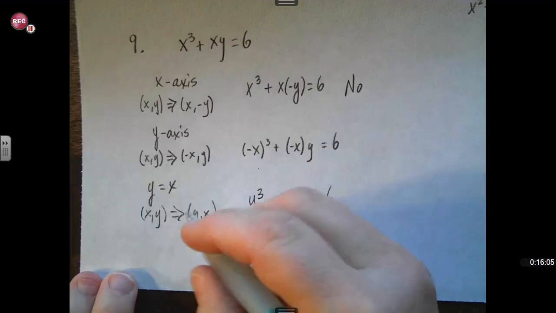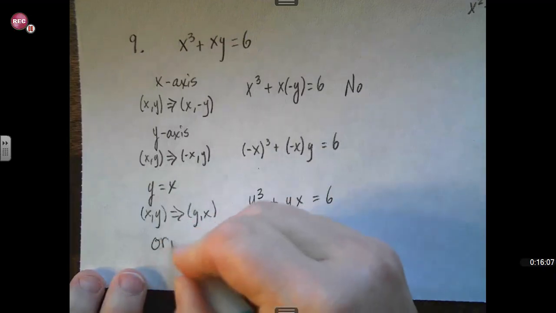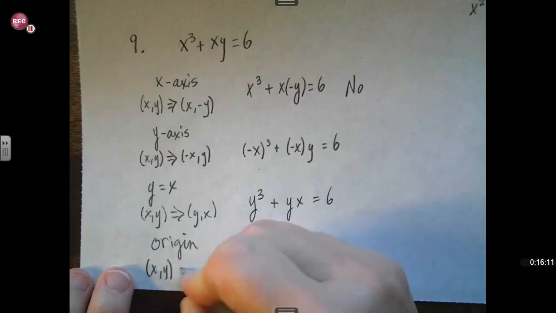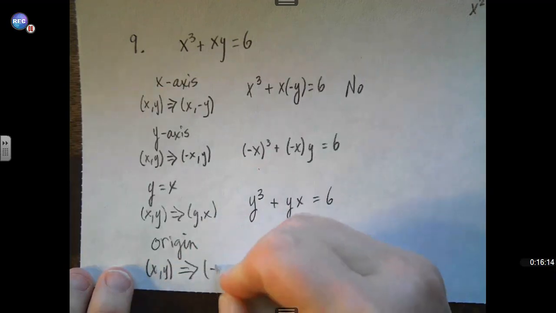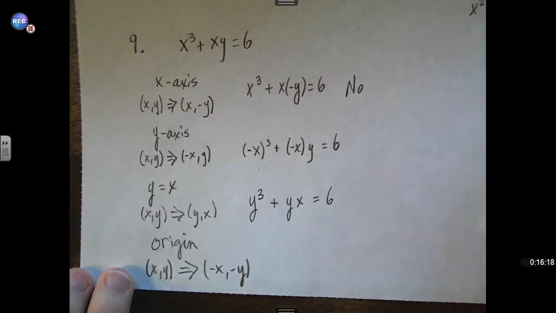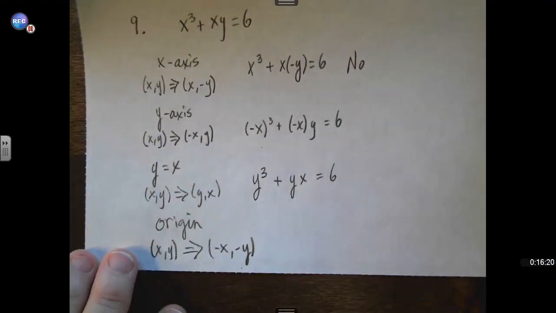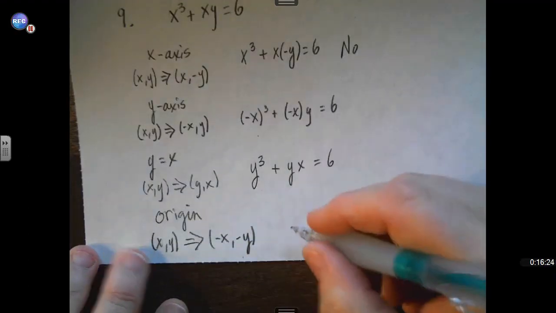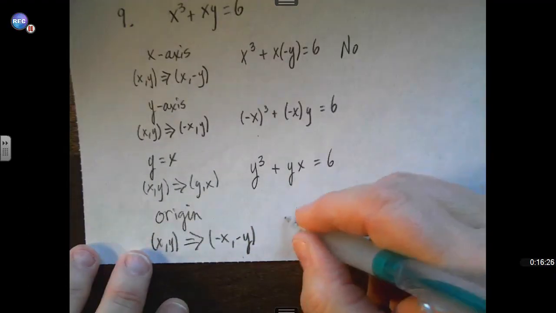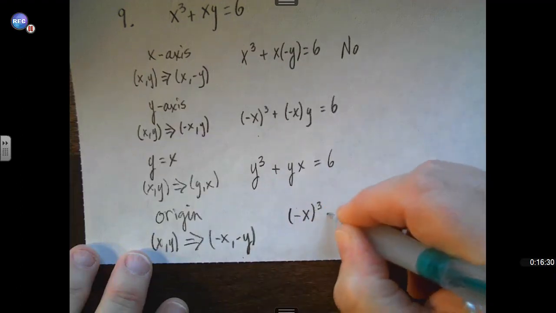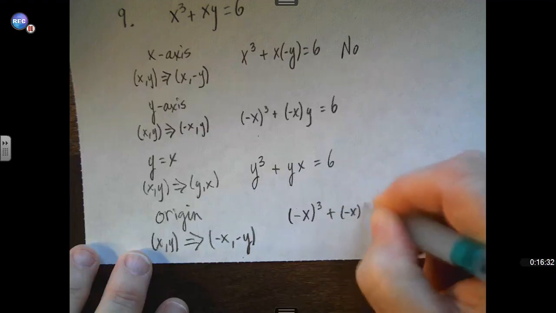And then lastly, I check for symmetry in the origin. And to check for symmetry in the origin, xy gets mapped into minus x minus y. And so we change anything that's x to a minus x, and anything that's y to a minus y.